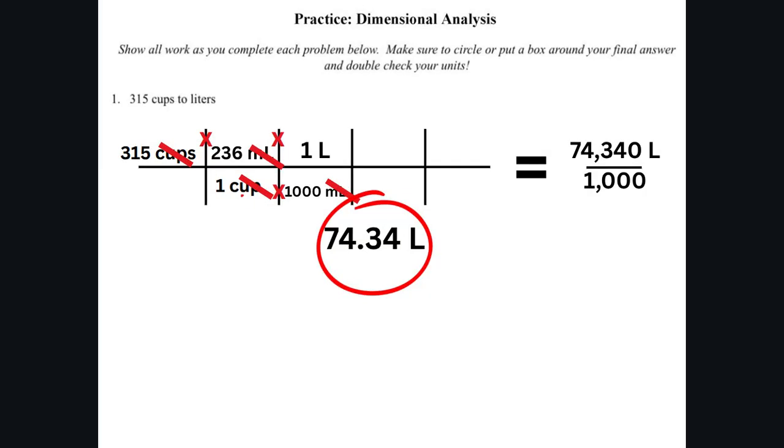Now this one just happened to end at the hundredths place. As we continue, not all of them are going to end there, but we are always going to round to the nearest hundredths. You'll have to have 2 numbers after the decimal. This is our tenths place. This is our hundredths place.